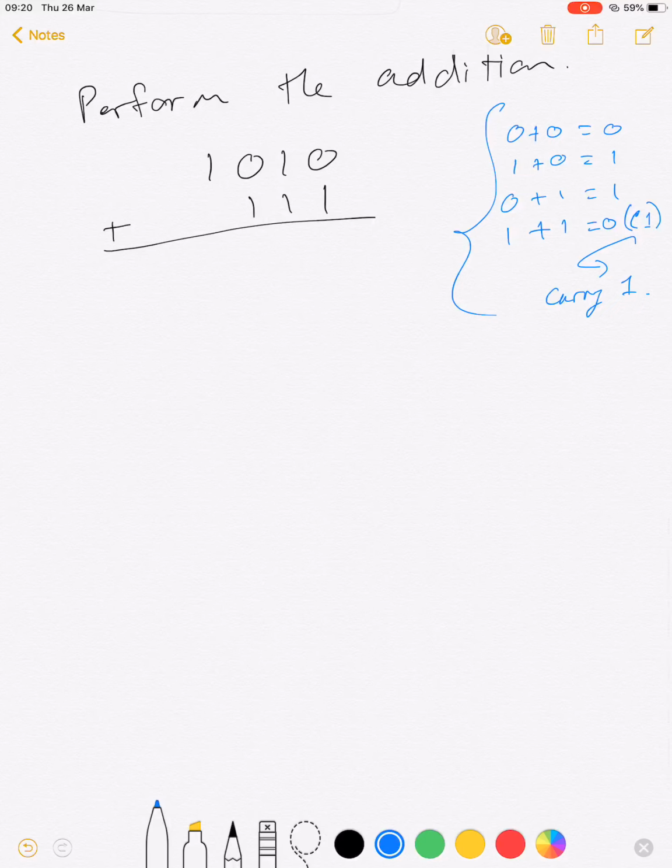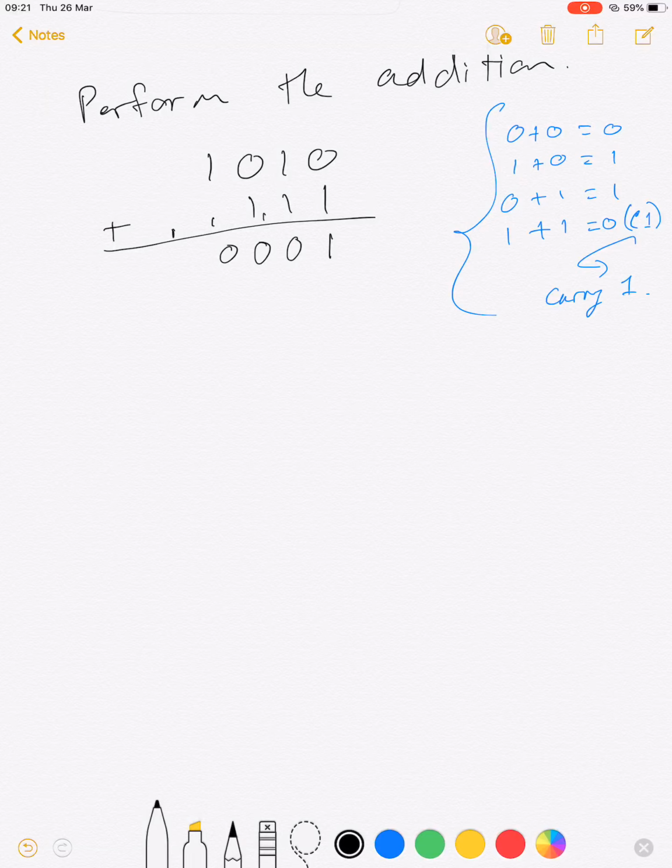Okay, so now we need to perform this addition, so let's have a look at it, okay? So we say, well, 0 plus 1 gives us a 1. 1 plus 1 gives us a 0, carry the 1. 1 plus 1 plus 0 is going to give us a 0, carry the 1. 1 plus 1 gives us a 0, carrying the 1.